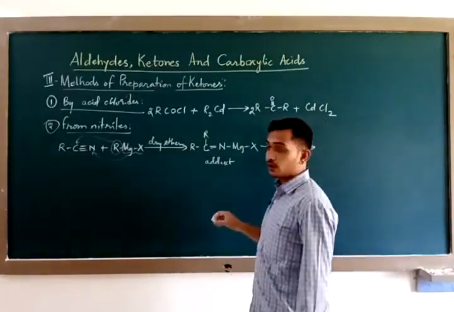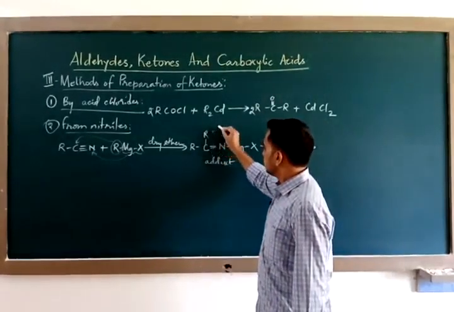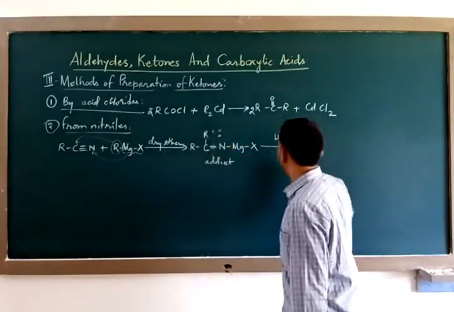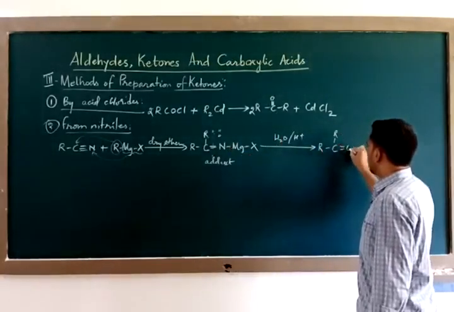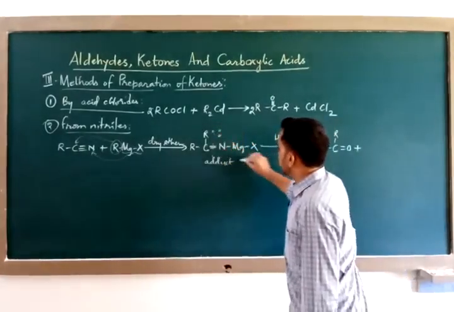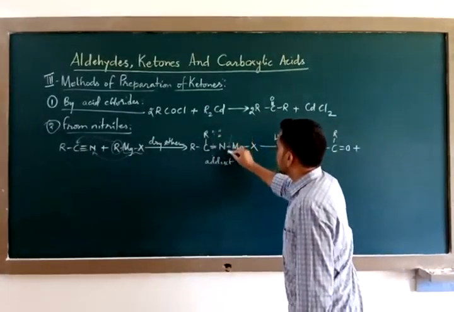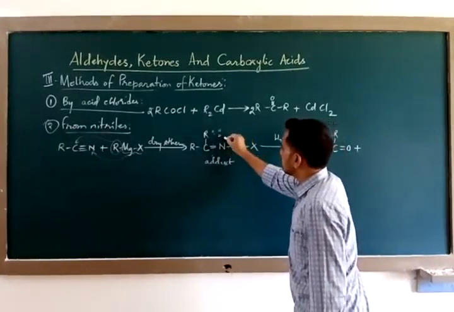How do you hydrolyze in order to get ketone? Break here, O, 2H here. So our required product is R, C, R, double bond O. Ketone is obtained. Now what about byproducts? This cannot go as it is, so again break here. Take one more water molecule, keep OH here, H here.